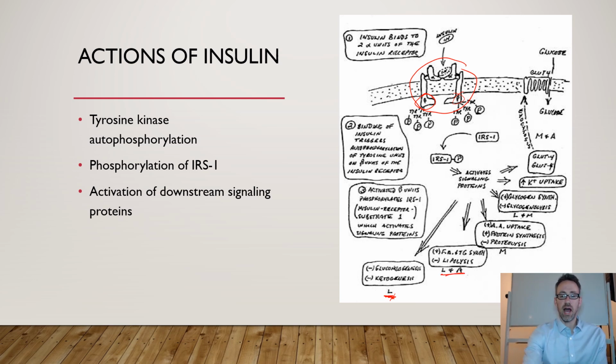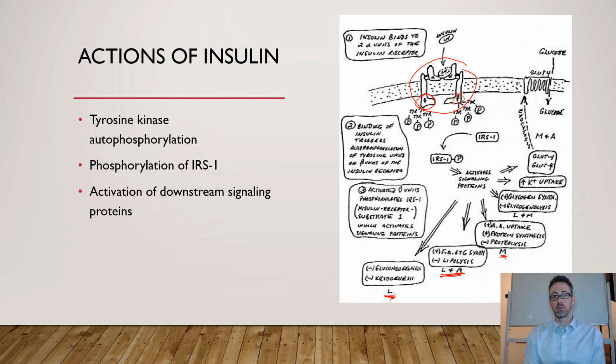In the liver and adipose tissue over here, you'll notice that it's inhibiting lipolysis or the breakdown of fats, and instead it's promoting, which is the little positive sign, the storage and synthesis of fatty acids and triglycerides. Okay. And here M is for muscle.